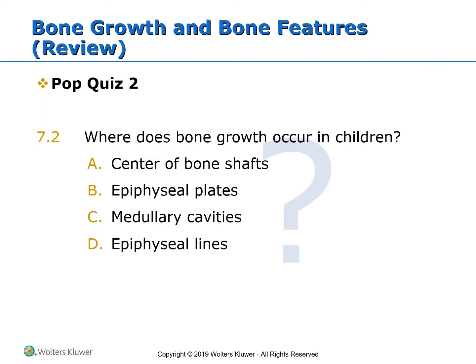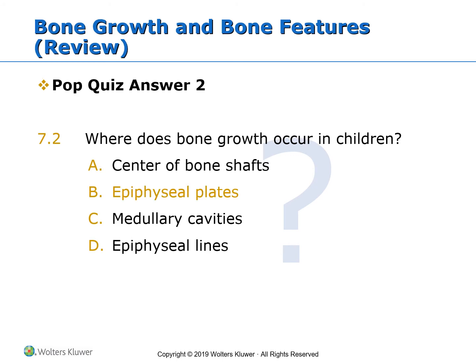So question number 2 asks, where does bone growth occur in children? And the options are center of bone shafts, epiphyseal plates, medullary cavities, or epiphyseal lines. The answer is epiphyseal plates allow for bone growth in children. Center of bone shafts, it's not a bone growth place.